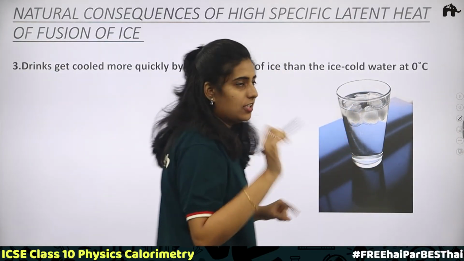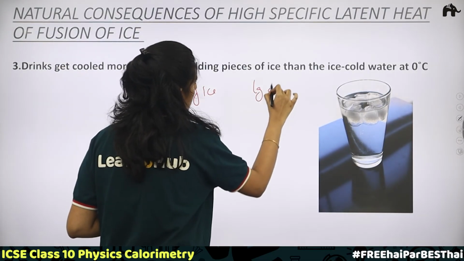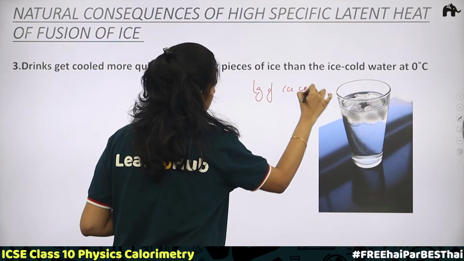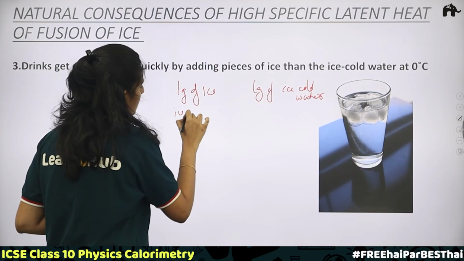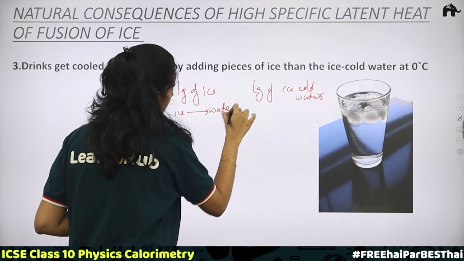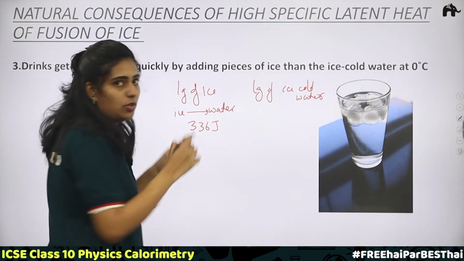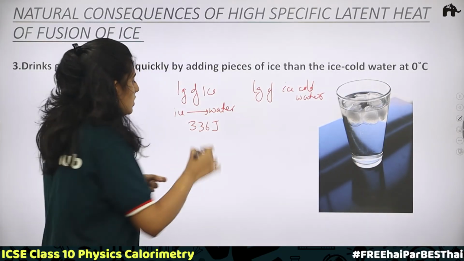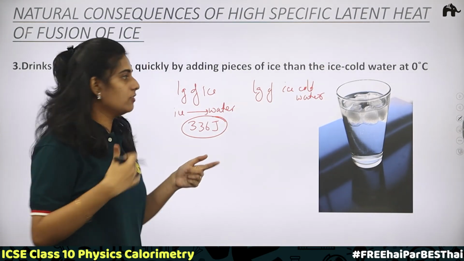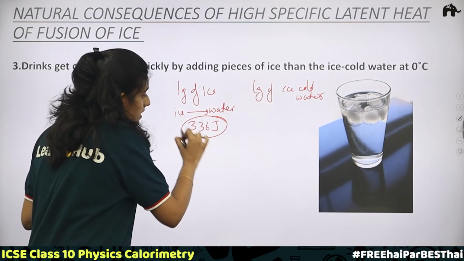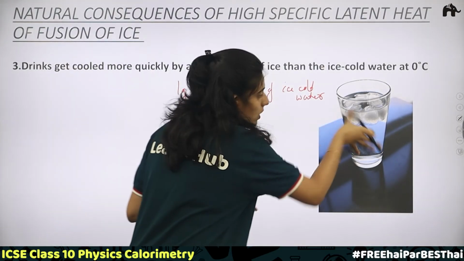If you take 1 gram of ice and 1 gram of ice cold water, to convert the ice completely to water, 336 joules of heat energy will be absorbed. Here, with the ice cold water, no conversion is happening. So an extra 336 joules of heat energy is getting absorbed, that is, the temperature of this drink will decrease.